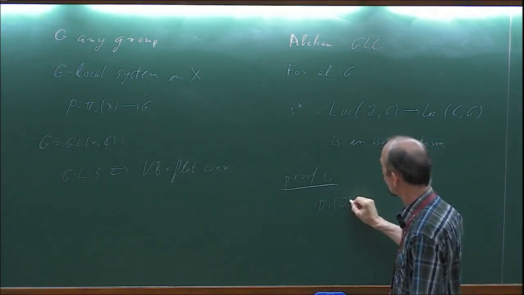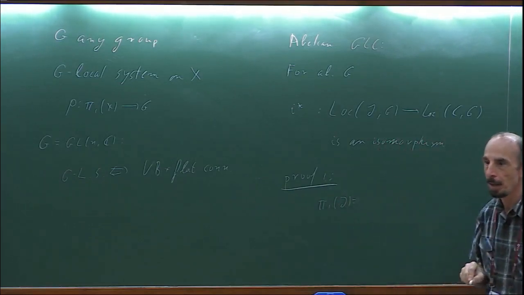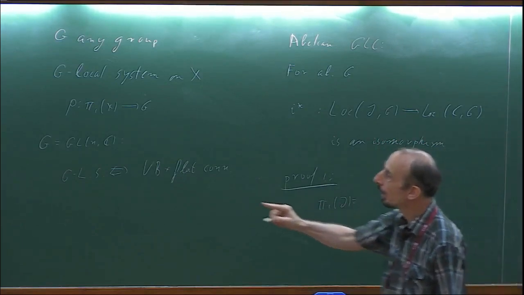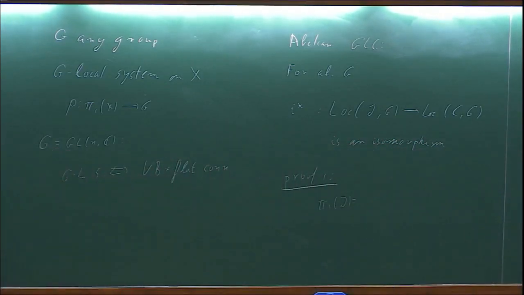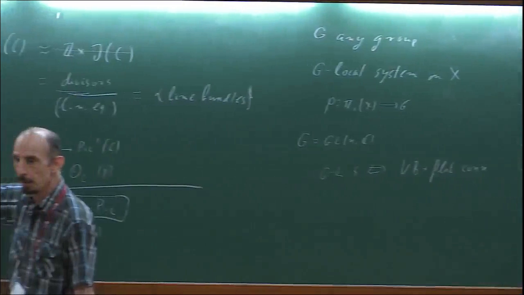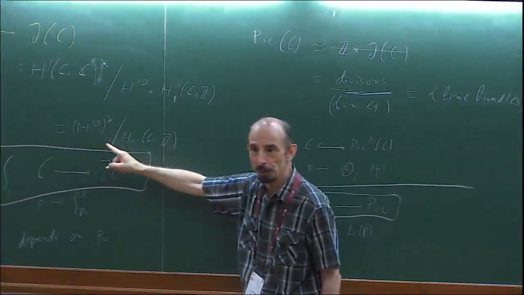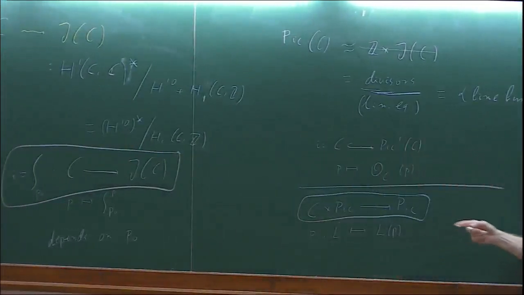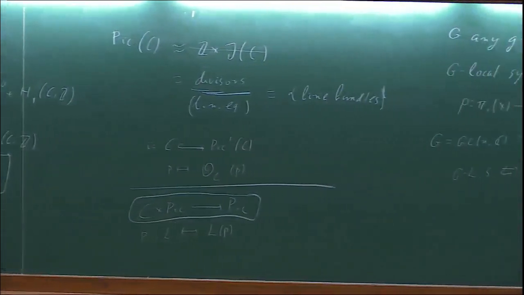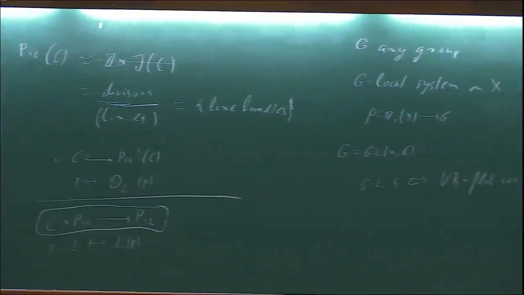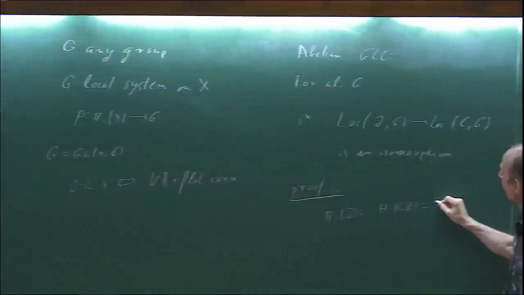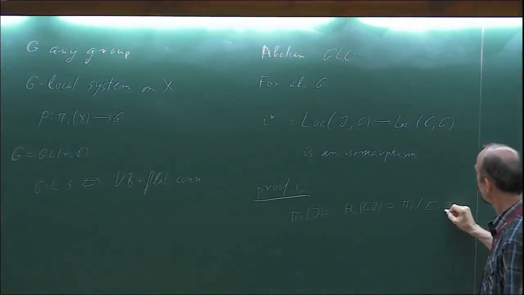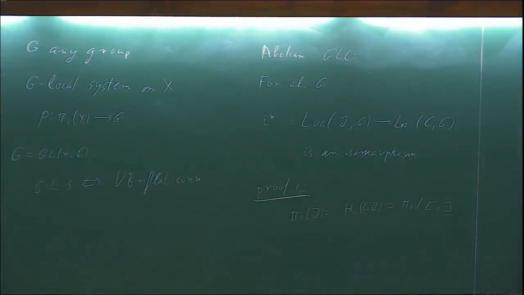Pi 1 of J is the thing that I divided by. I took something contractible and divided by a lattice that's acting freely. So it is H1 of C, Z, which is the same as pi 1 divided by commutators. It's the abelianization of pi 1.